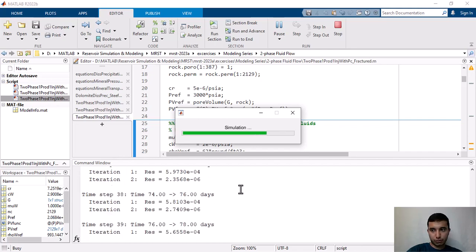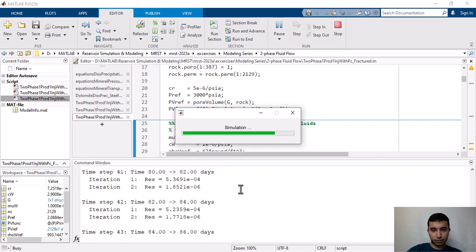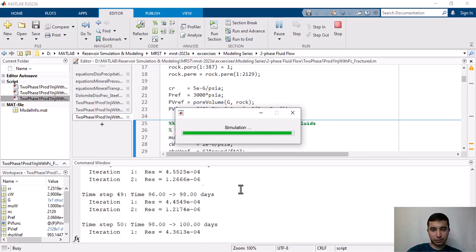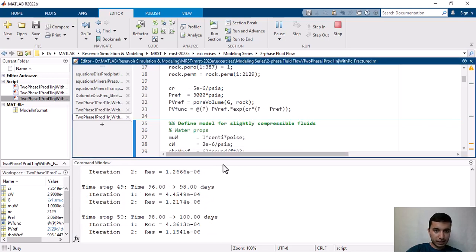So if you write the code yourself and run it on your computer, it'll be executed much faster. Let's see the result.